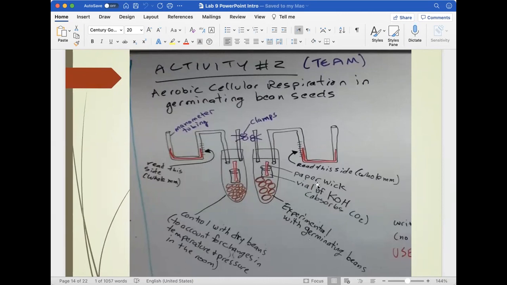The paper wick with a vial of potassium hydroxide, that's KOH, this will absorb carbon dioxide, that's CO2. So this vial of KOH will absorb carbon dioxide, and then the change in fluid will occur here, and that will be for the experimental side.